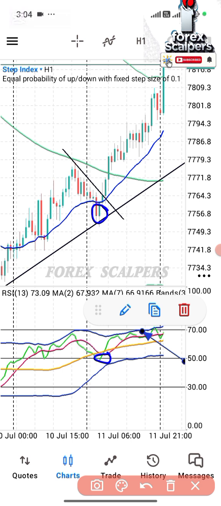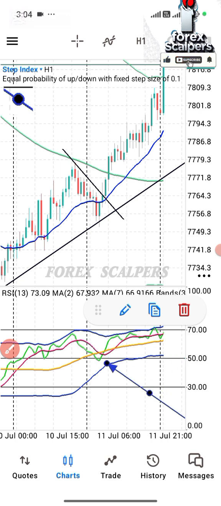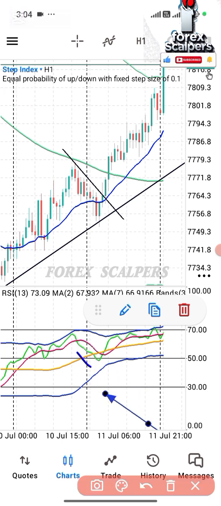So as it is breaking out of this trend line, if you observe your TDI indicator window, you realize that this price line now just crossed the signal line. So it now becomes your entry confirmation for you to buy. And if you look at your TDI yellow line, which is the gold line, which helps us to determine the trend, it just crossed the 50 level of the TDI here.